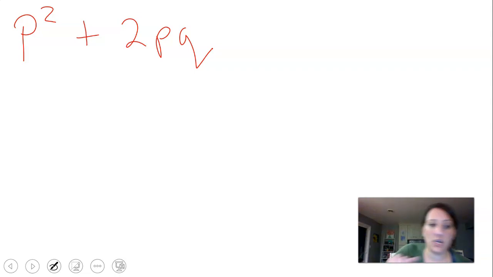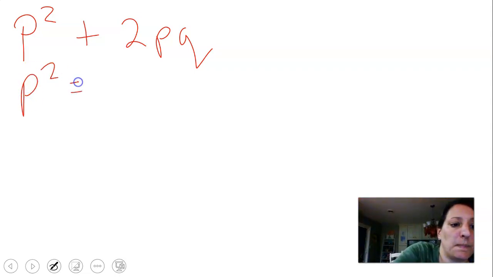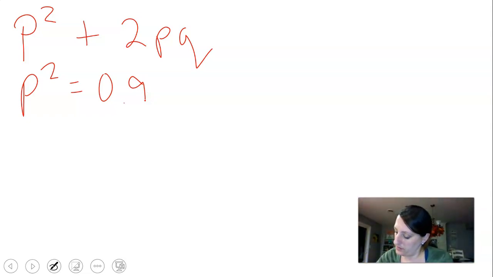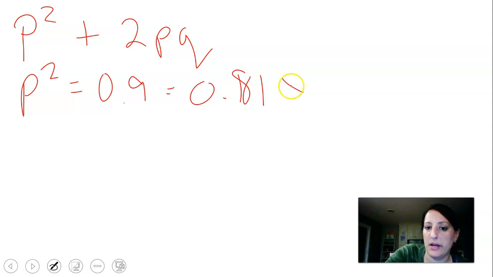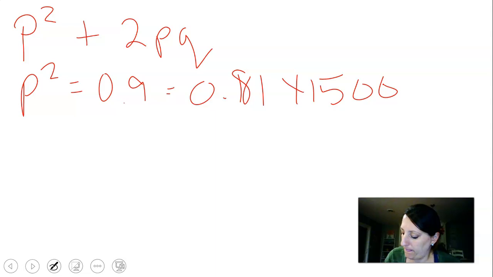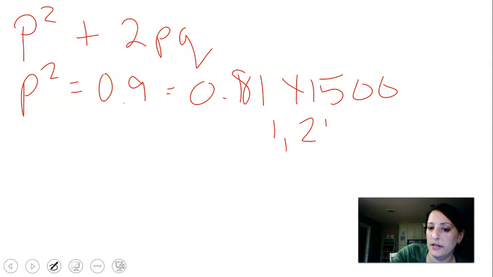First off, P squared equals 0.9 squared, which equals 0.81. We multiply that by 1,500 individuals, which gives us 1,215.